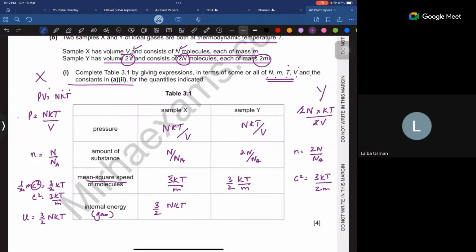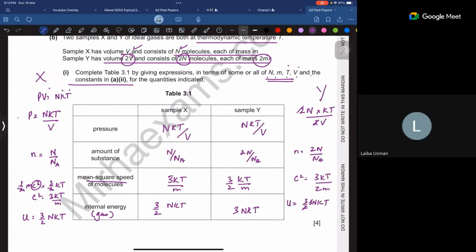But for Y, if I use internal energy equals 3 by 2 nkT, I have 2n in this and temperature is the same. So 2 and 2 cancel out. So this will be 3nkT. This wasn't very hard. This was just normal stuff, but interesting. Let me know if you have any questions, kids.